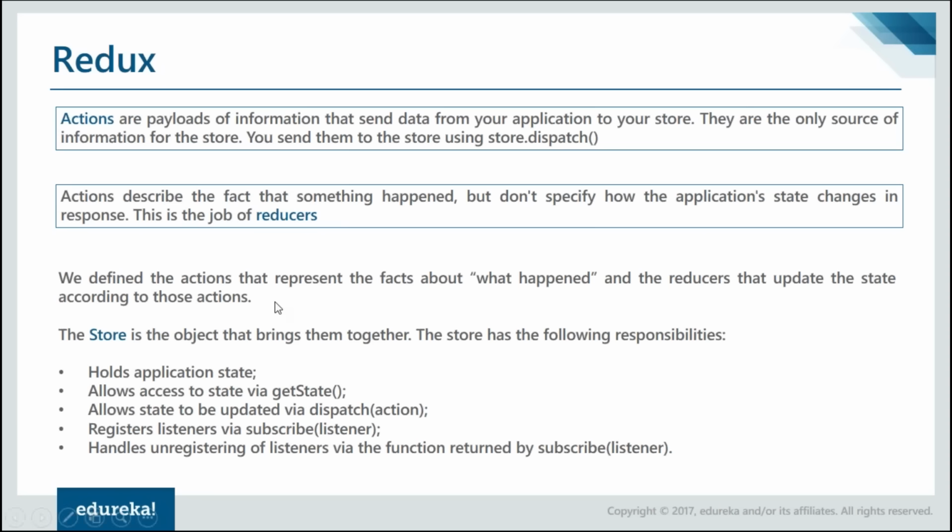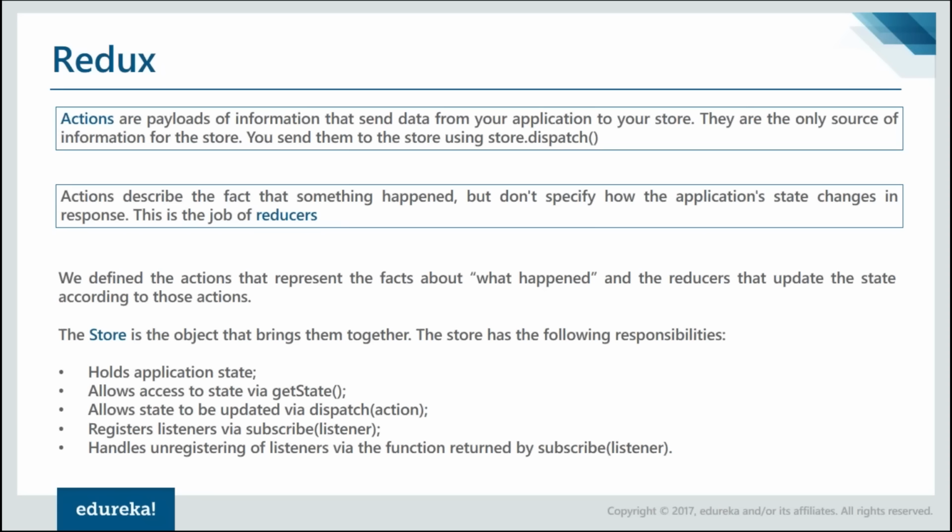So we define the actions that represent the facts about what has happened, and the reducers that update the state according to those actions. Now we'll talk about the store. A store is the object that brings all these things together. And then finally React.js comes into the picture and works for the view part of the application.